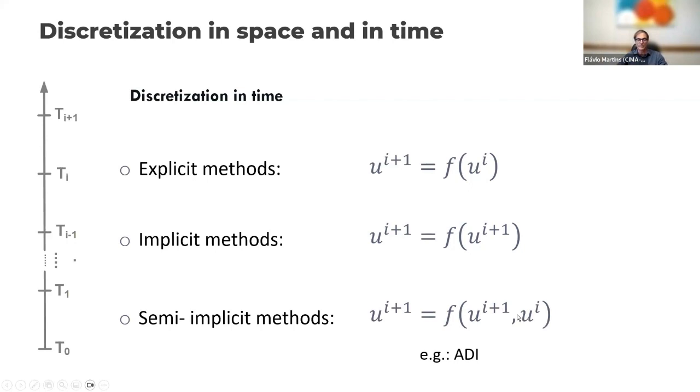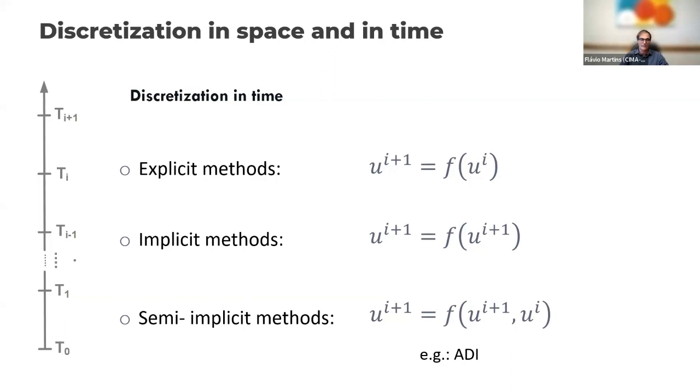If we do that, we say we are using a semi-implicit method. And if we choose correctly which neighbors are in the new time and which neighbors are in the old time, I get very simple systems of equations that are solved very rapidly.